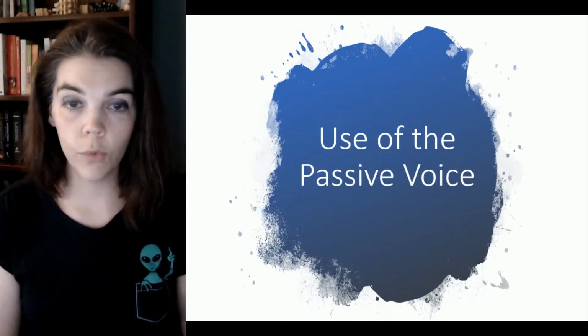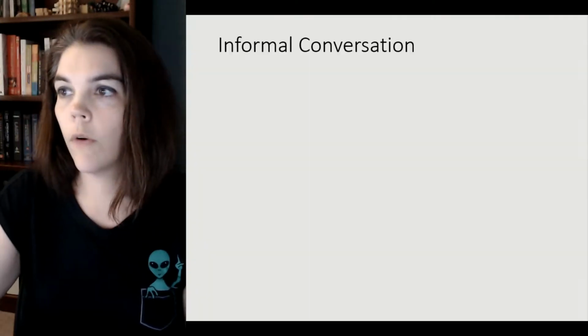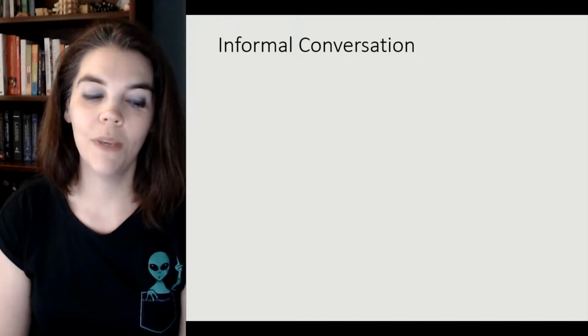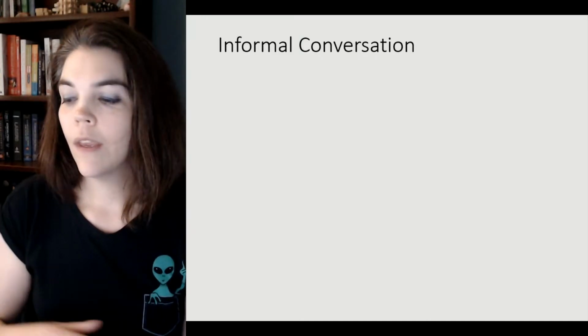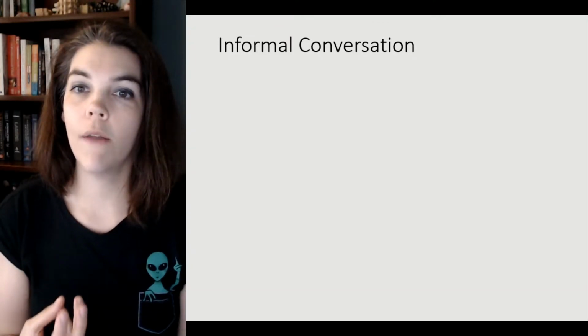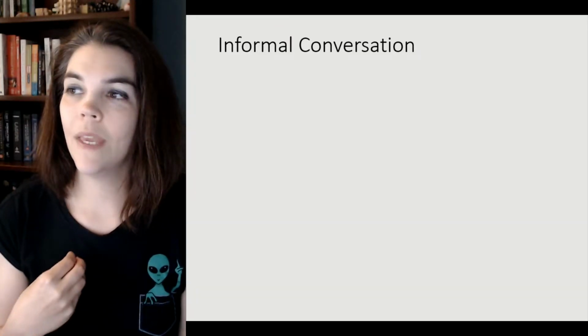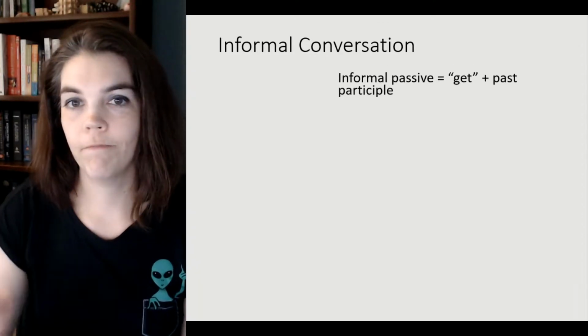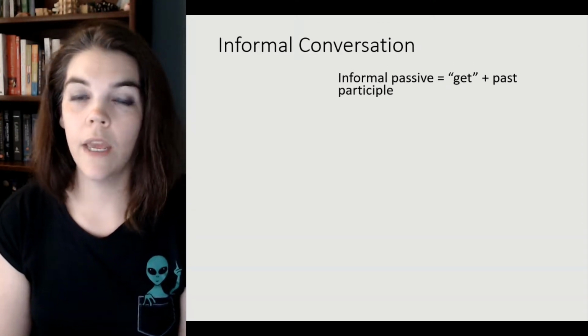In what situations? So first, let's talk about informal conversation because I find that very fun. When we use passive voice in informal conversation, it actually looks a little different. We use get and the past participle.